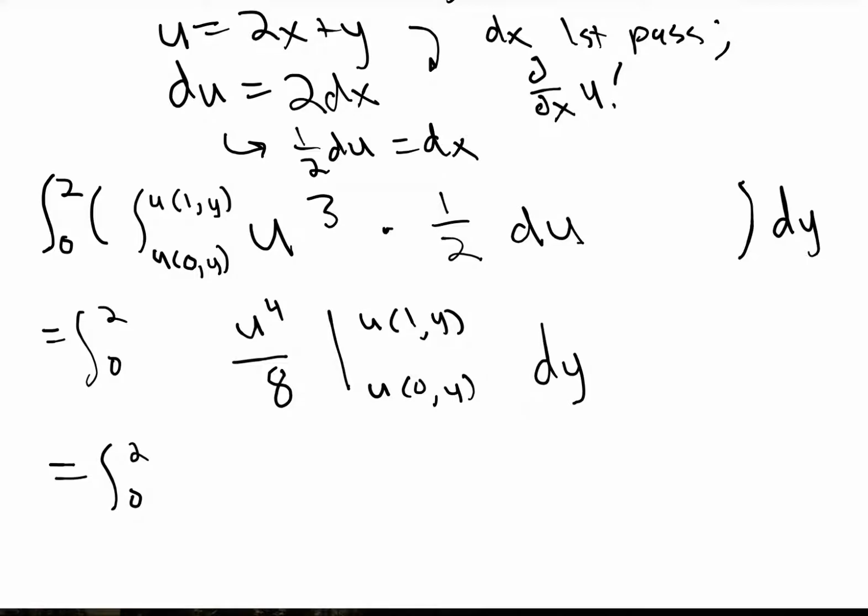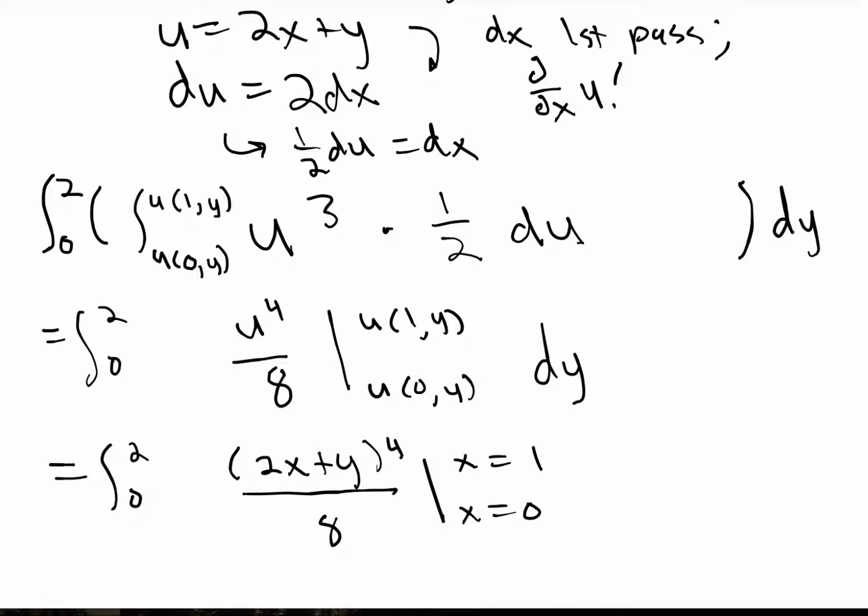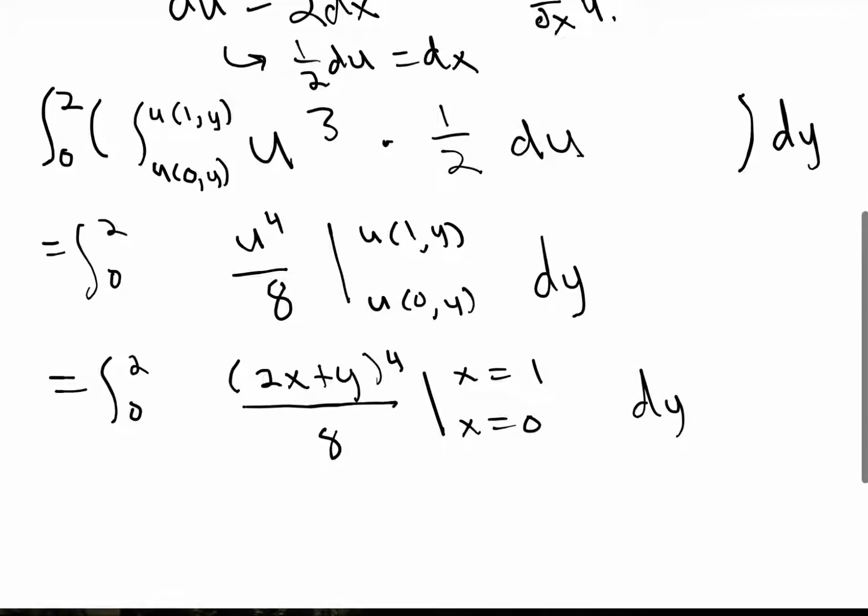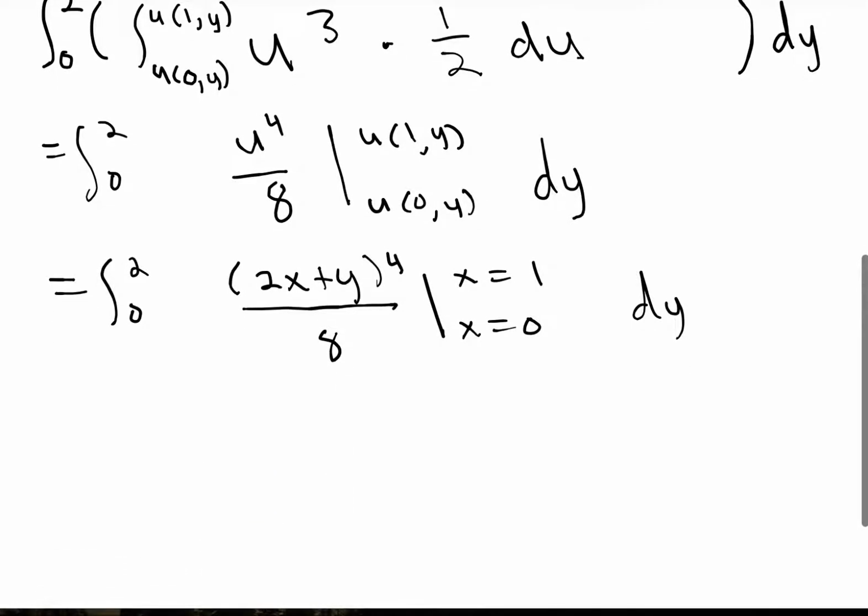If I'm doing that, first off, I can go ahead and replace my u. This is supposed to be basically (2x + y) raised to the 4th all over 8. And my original x bounds were supposed to be between 0 and 1. So I'll scroll down and give myself a little bit more room here. I can actually plug those things in, right?